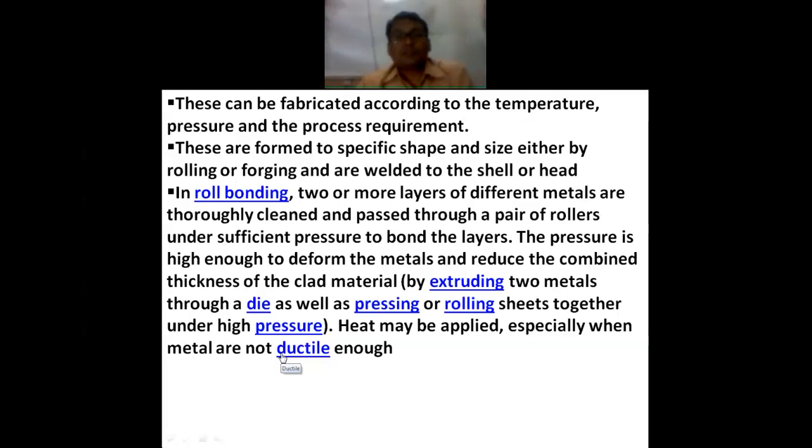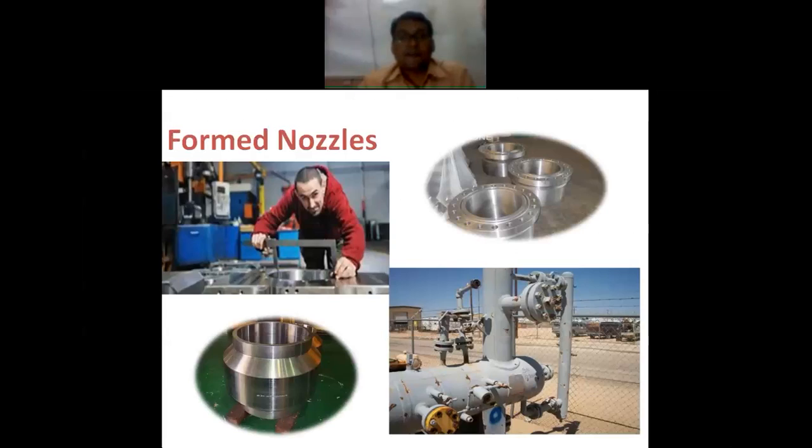These are formed to the specific shape and size, either by rolling or forging, and then welded to the shell or the head. So basically, rolling and forging are associated with these formed nozzles. Rolling is what?